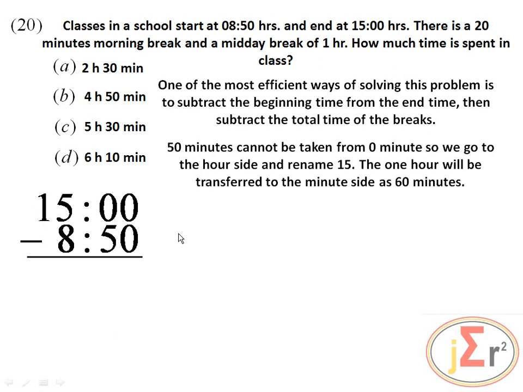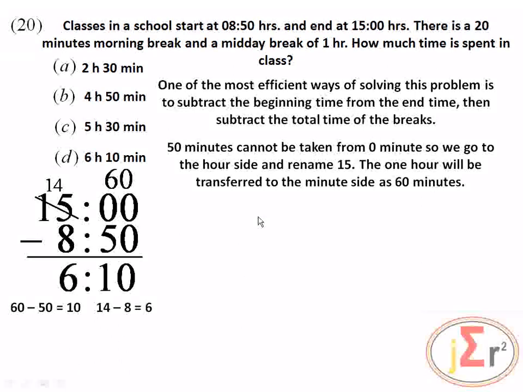The 1 hour will be transferred to the minute side as 60 minutes. 60 minutes equal 1 hour. So 14 there and 60 there, and we are comfortable subtracting 50 from 60, and we get 10. So we have 10 minutes right there. Then we say 8 from 14, and that is equal to 6. So we have 6 hours and 10 minutes.